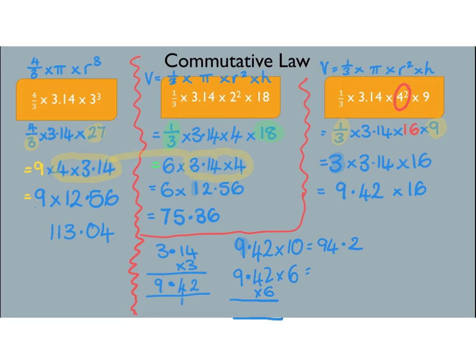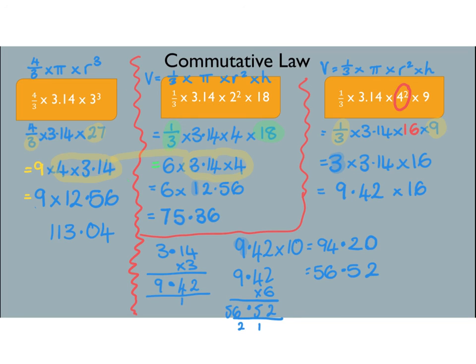See, I just keep adapting to the way that I want to do it, depending on the way that I see the question. 6 times 2 makes 12. 6 times 4 is 24, add the 1, 25. 6 times 9 is 54, add the 2 is 56. So 56.52. I'm just going to pop a 0 in there, so they both have 2 decimal places.